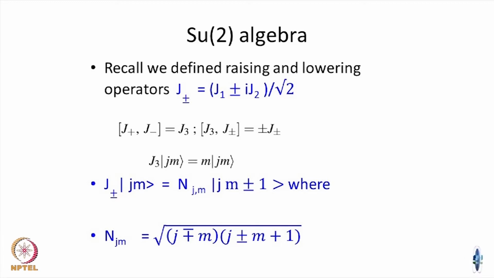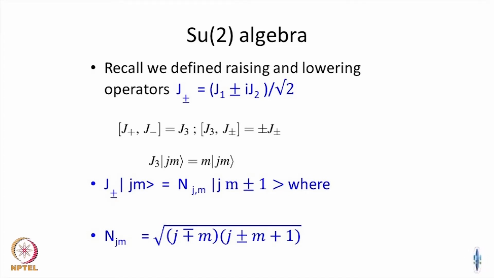These things you know, and we could rewrite the same algebra which I wrote in the beginning for Jx, Jy, Jz in terms of J plus and J minus, and this is a closed algebra again, all these equations together.